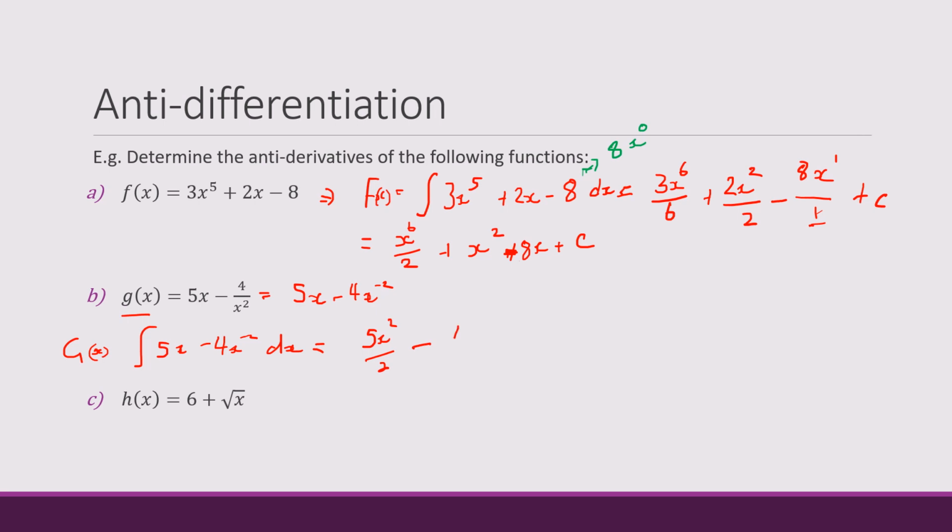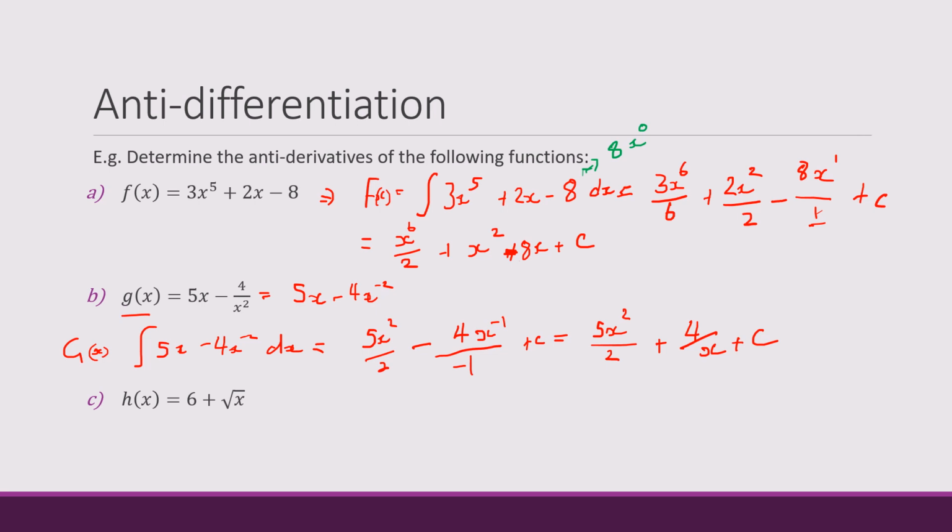Subtract 4, now x to the negative 2 plus 1 will be x to the negative 1, divided by negative 1, plus c. 5x squared over 2 can't really be simplified. Now negative 4 over negative 1 becomes positive 4. x to the negative 1 I can just put on the bottom of that fraction. And there's that second one there.